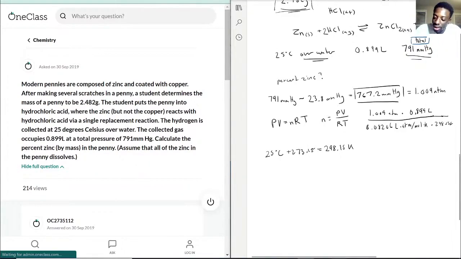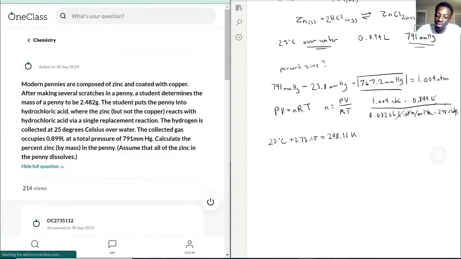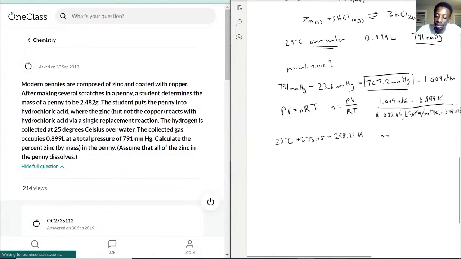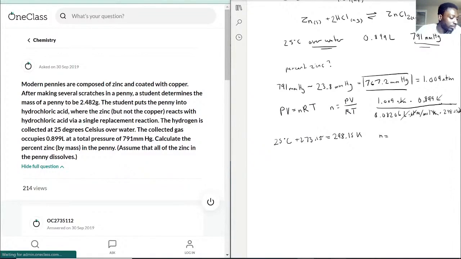Alright, and just cancel some units. ATM, liter. All that's left is mole in the denominator of a denominator, which puts it in the numerator. So in total, we get N is equal to 3.71 times 10 to the negative 2 moles of zinc.